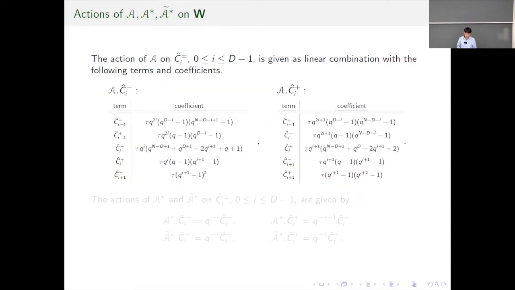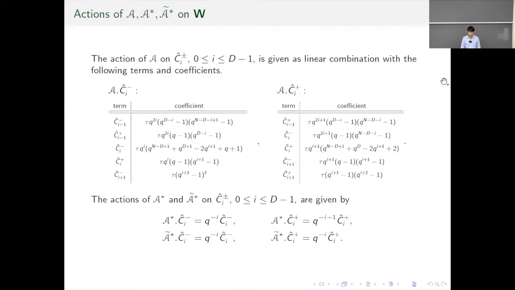So combining this action of X and X inverse, we obtain the action of A on Ci plus minus. Now we have a five-term recurrence. So A Ci minus hat, A Ci plus hat is given by the linear combination with these following terms and coefficients.